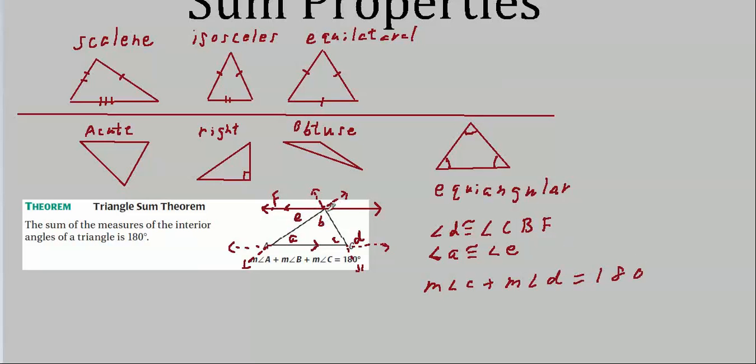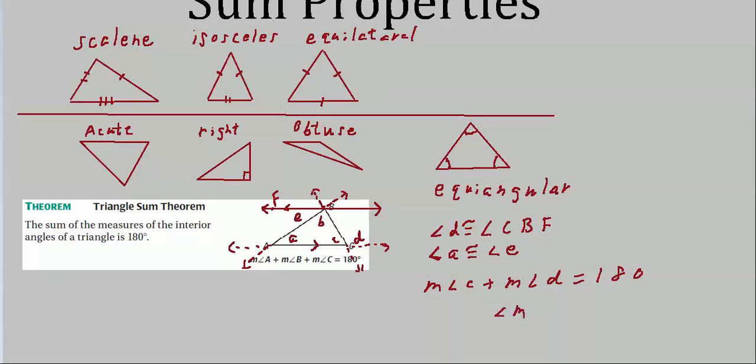So the measure of CBF is the same as the measure of angle D, but the measure of CBF is the sum of these two from our angle addition postulate. It's kind of long-winded, but what that means is we can substitute the measure of angle D for this sum, the sum of angle E and angle B, or the measure of angle E plus the measure.